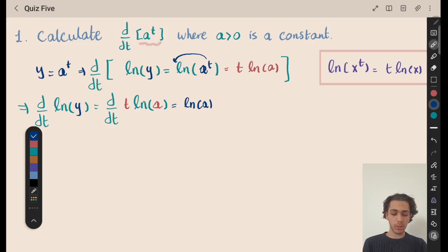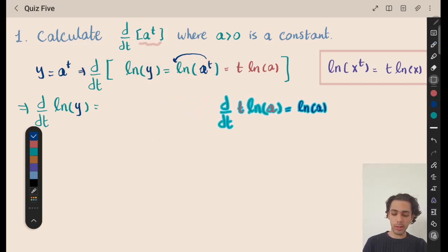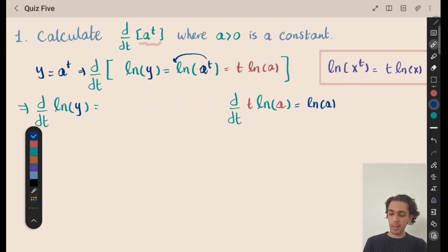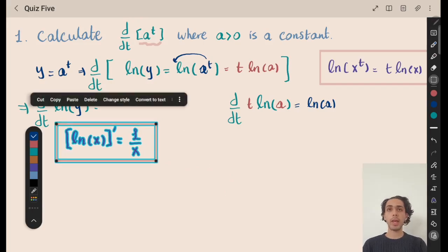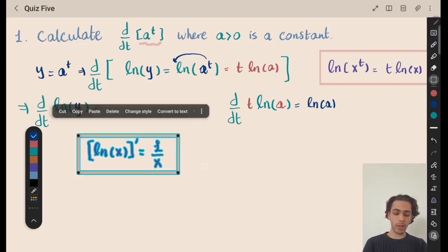So this is good. We know now that the derivative of t times ln of a is ln of a, but we still need to take the derivative on the other side. And so the second fact of the day that we will be using is that the derivative of ln of x is 1 over x.